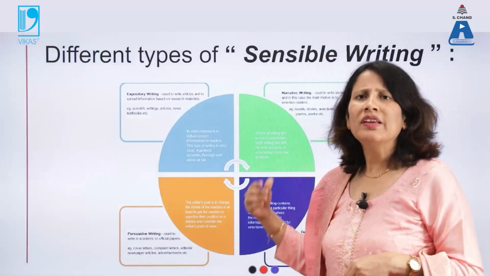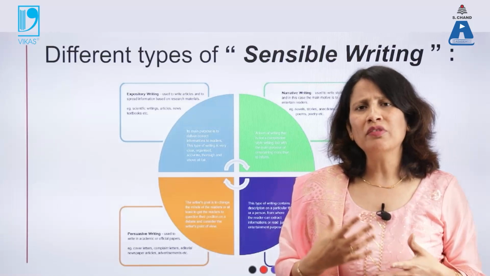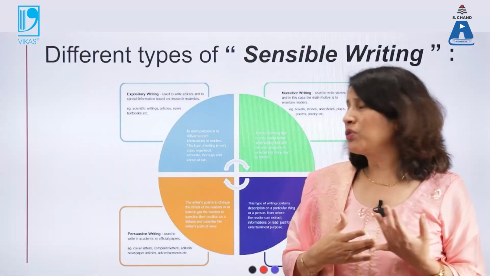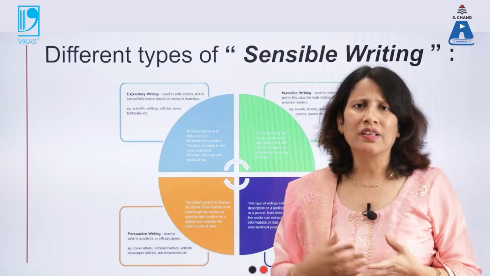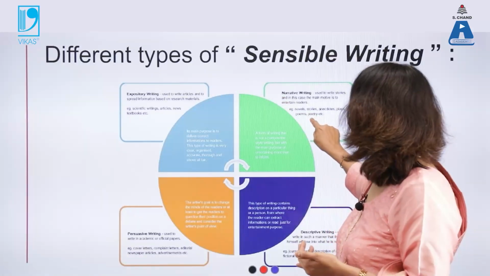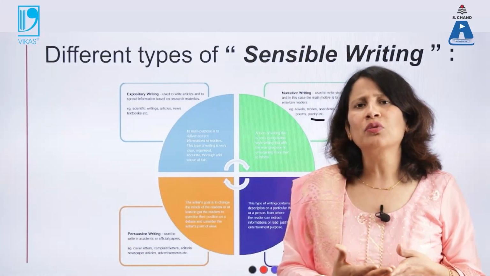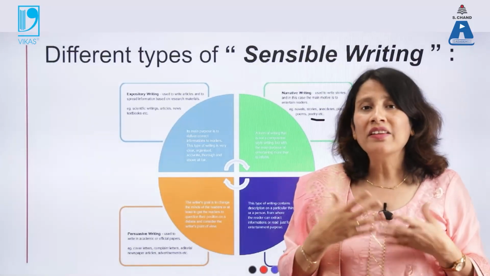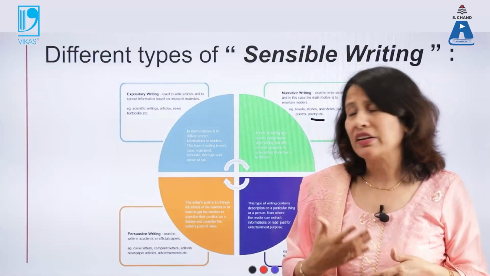Then we talk about narrative writing. Again, the name is self-explanatory. Wherever we have to narrate certain things, especially stories, novels, plays and anecdotes, that will be termed narrative writing. Even the poem we write, or the creativity we show when narrating our own story, diary writing or writing journals, is all a part of narrative writing.